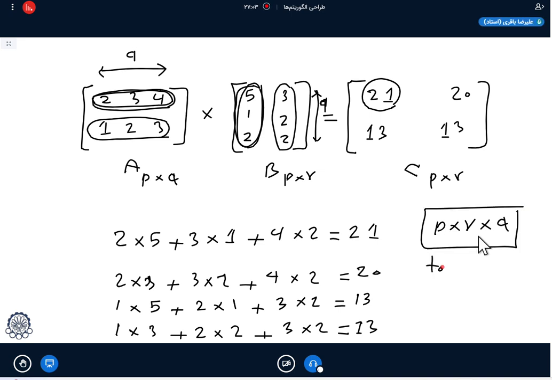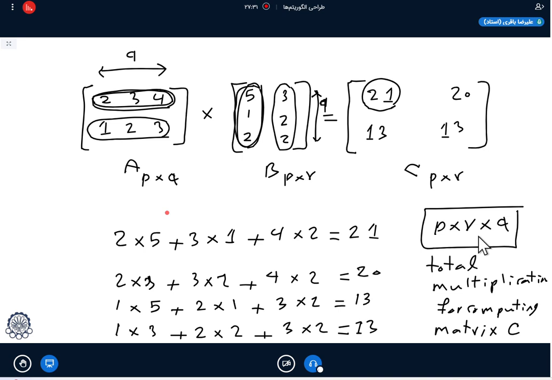This is the total multiplication for computing matrix C. Okay.